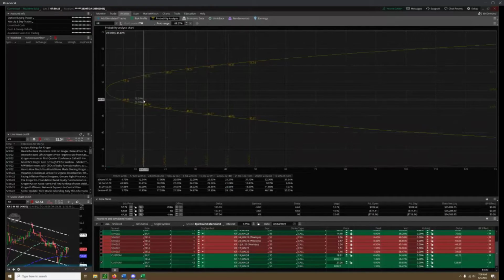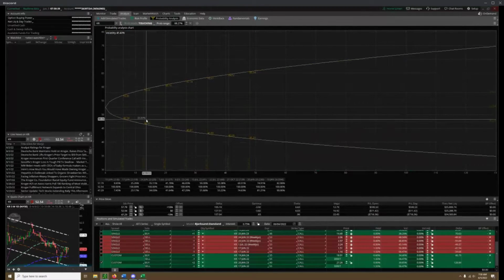I would say that your max loss would occur if it were to fall below that 49.96. Then again, you might be able to look at touching to see what the chance of it touching is. It's almost 52% that it would at least touch.